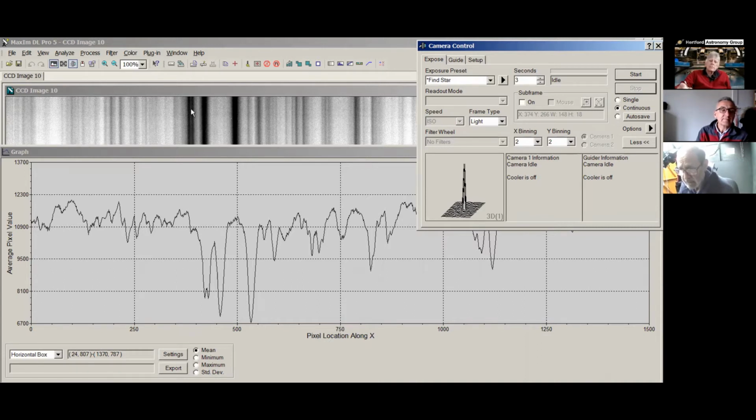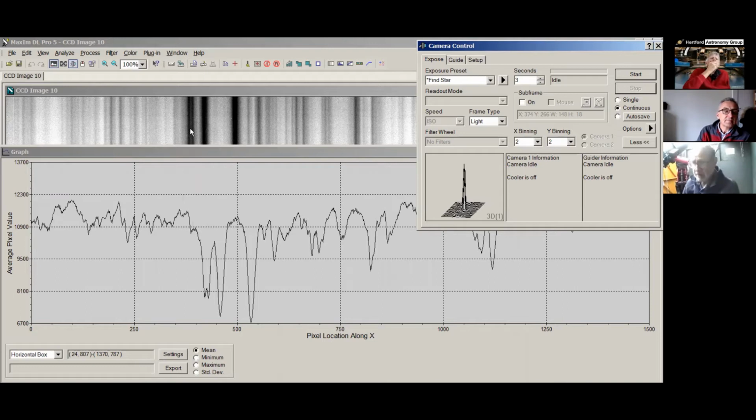Now you can see this band here, the one at 516. You can see what appears to be a little bit of emission going on there. These are completely dark absorption lines, but there seems to be a little bit of emission.